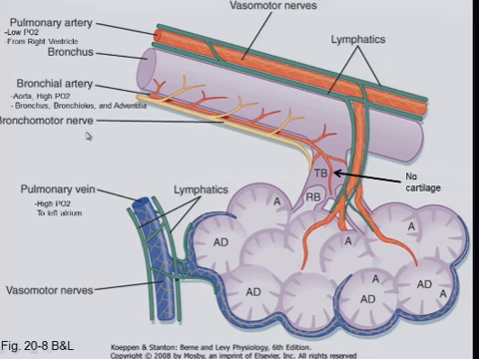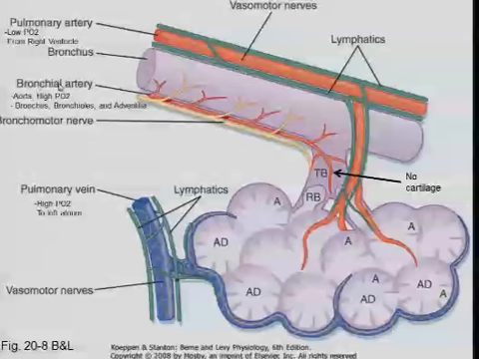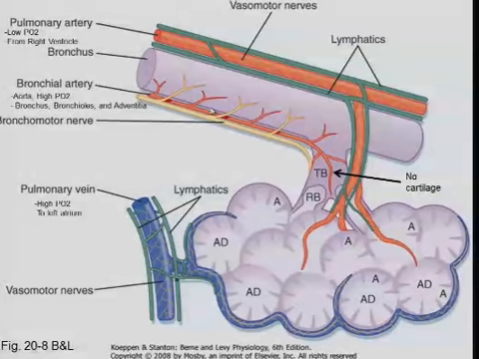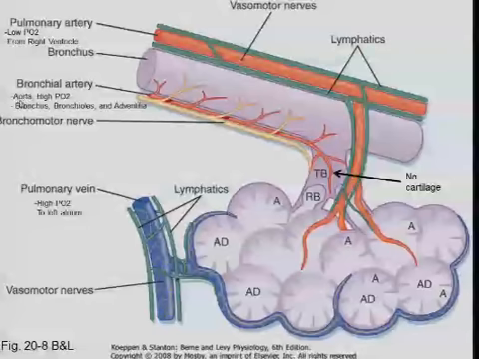But when we talk about the circulation or blood flow to the trachea, to the bronchioles, to the airway, even to the lung parenchyma, a lot of that blood flow comes from the bronchial artery. So that blood circulation to bring nutrients and support to those tissues comes from a different circulation. That comes from the bronchial artery coming off the aorta.